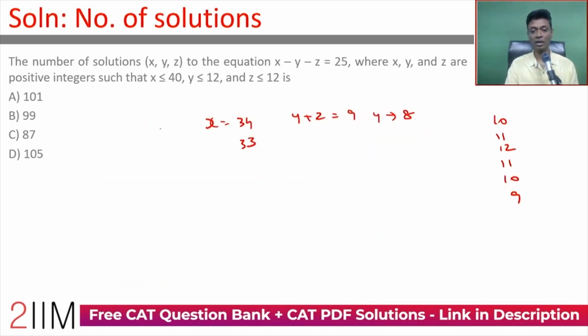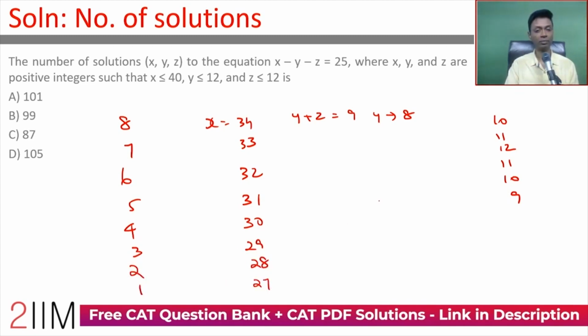Y can start from 8, so we have 8 values. Here we'll have 7 values. 32, 6 values. 31, 5 values. 30, 4 values. 29, 3 values. 28, 2 sets. 27, 1 set.